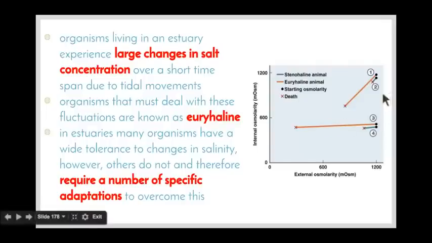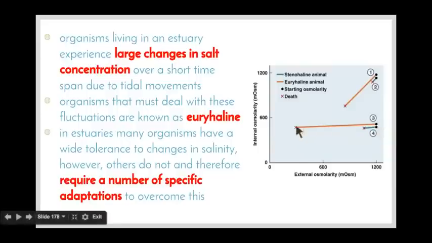So as we can see here, we've got a number of different organisms, just examples to show you how the external osmolarity, or the external change in salt concentration, relates to the internal. So here we have an organism that changes their internal salt levels in relationship to the external. And here we have an organism that keeps it fairly constant.